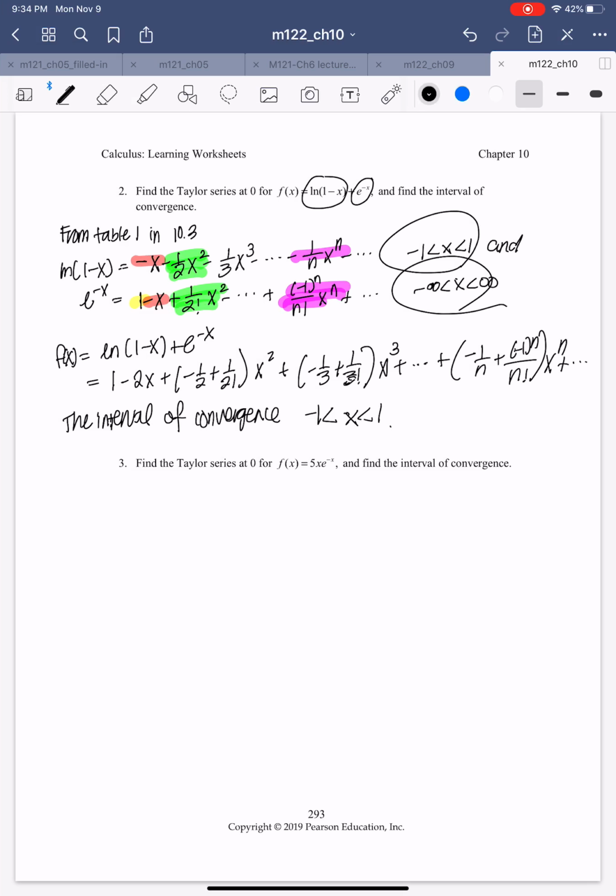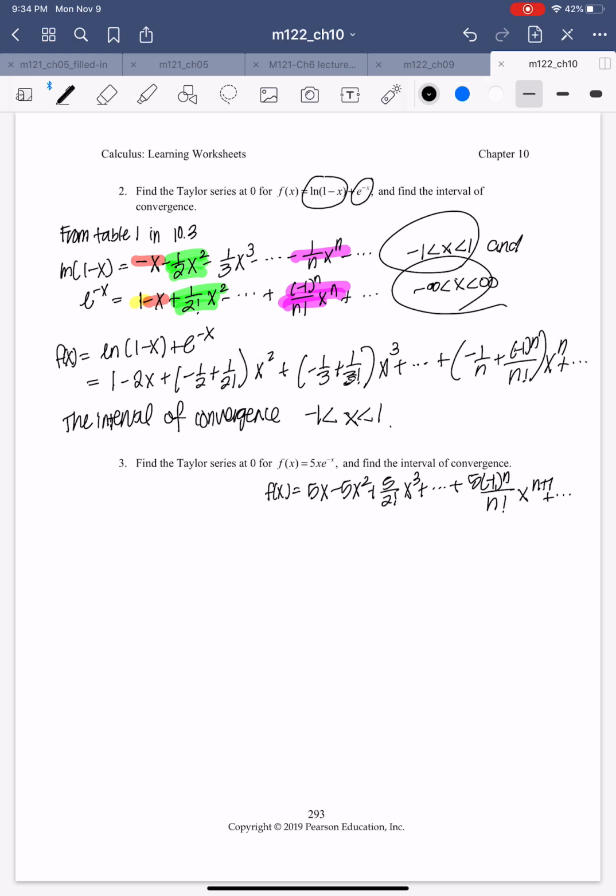Okay, so for 3, 4, 5, you can all use a table. I'll still give you the answer. After you use the two Taylor series, you would end up having your f of x looking like this: 5x minus 5x squared plus 5 over 2 factorial x cubed, and then 5 times negative 1 to the n over n factorial x to the n plus 1.